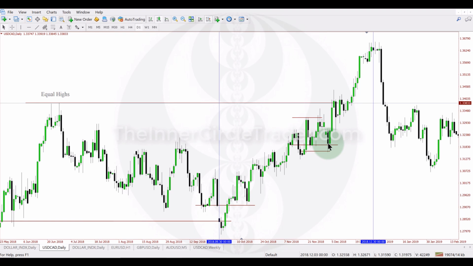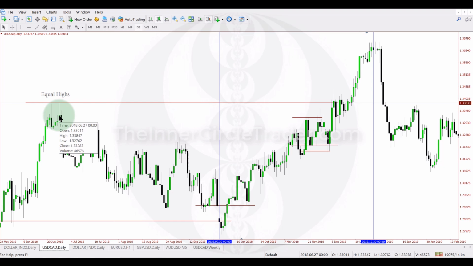The low on this is 131.60, we'll call it. 131.59 is the low, but 131.60 is the actual 10 level. The draw on liquidity is 133.84. Because they're equal highs, then we know that it's likely going to sweep above that, right?